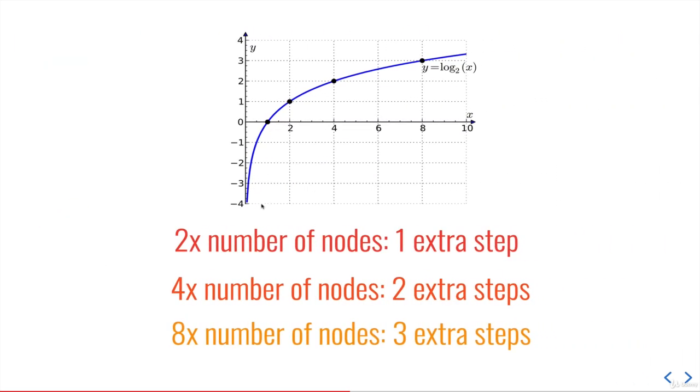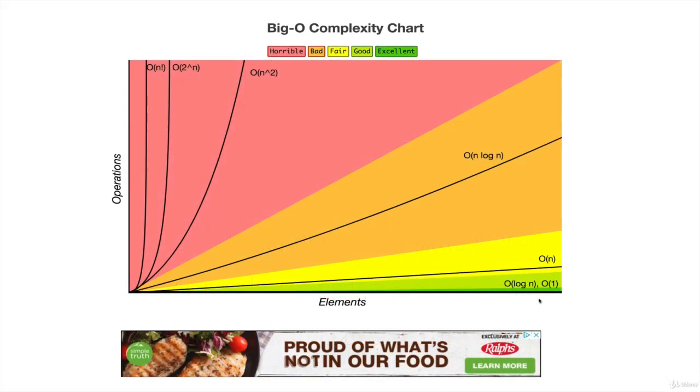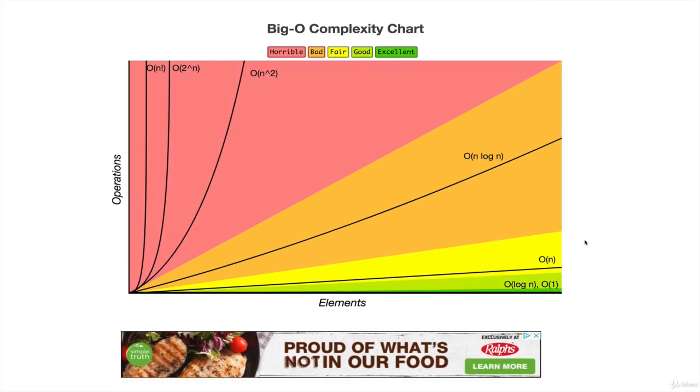So here's the actual chart from Wikipedia of log 2 of x. If you look at just the positive side, as we double a value from 1 to 2, we only take 1 step up. As we double it again to 4, 2 steps up. As we double it again to 8, 3 steps up. If we go back to this big O complexity chart where we see all of the different notations charted next to one another, you can see that log n is really solid.